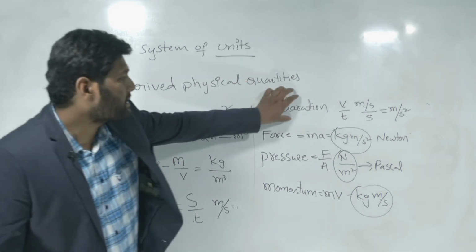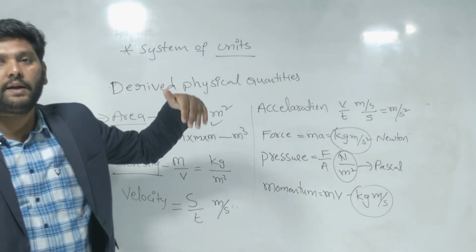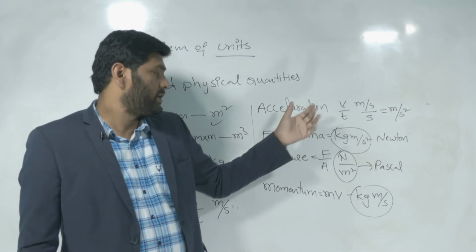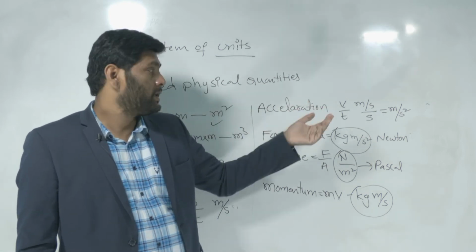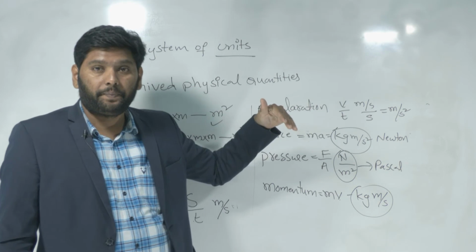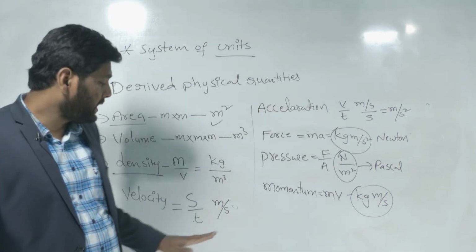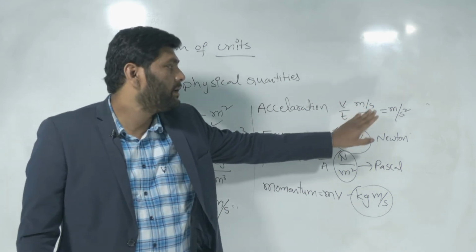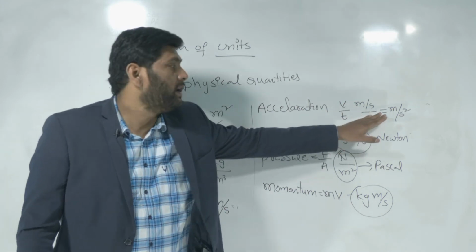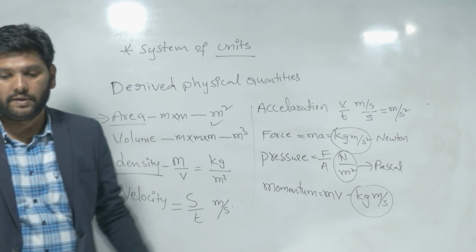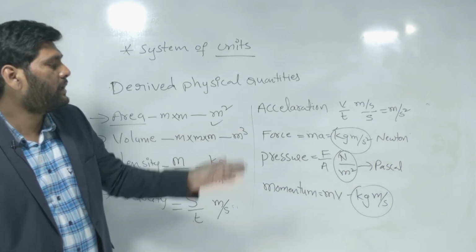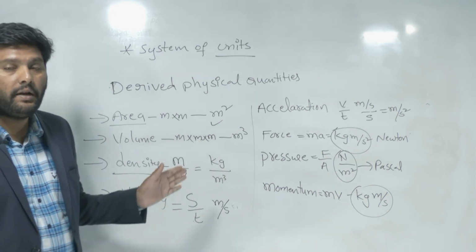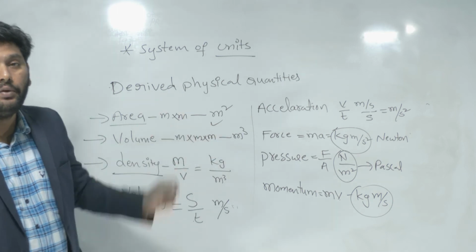And coming to acceleration, the acceleration formula is velocity per unit time. Velocity units we discussed earlier as meter per second, and I have written per unit time. So finally it becomes meter per second square. That is how I applied fundamental units to write derived units.